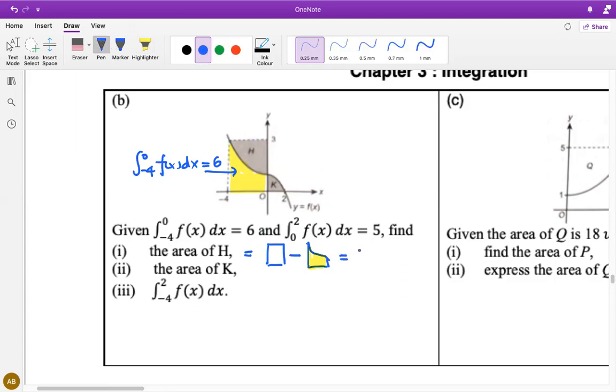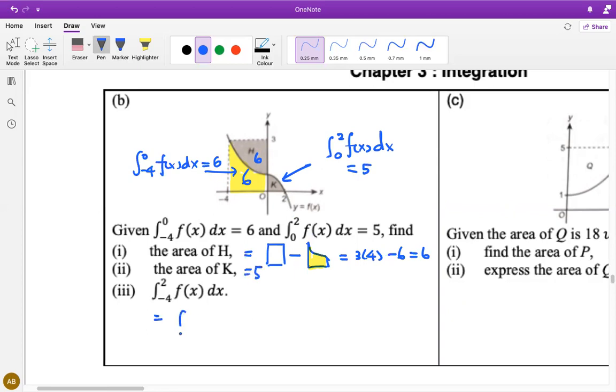So meaning that is 3 times 4, and then you minus 6, so is 6 also. So this part is also 6. So how about the area of the K? The area of the K, this one is from 0 to 2 fx dx. So this one is equivalent to 5. So the area of K is 5.